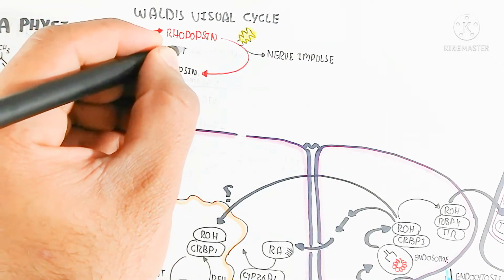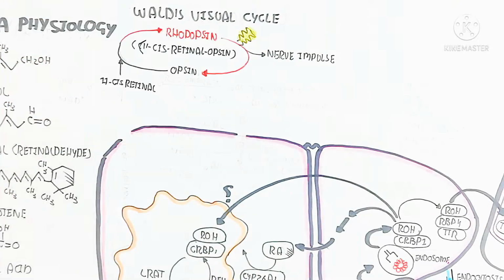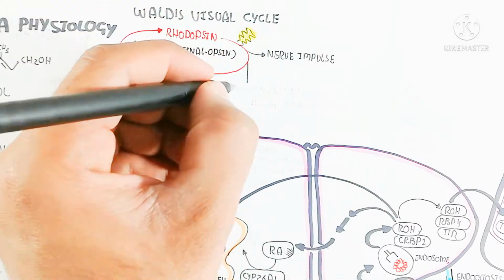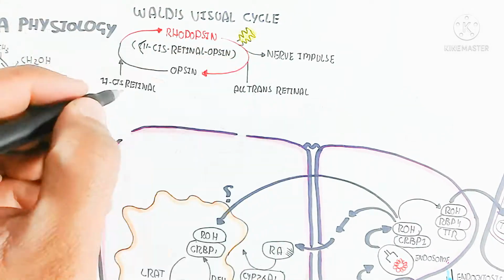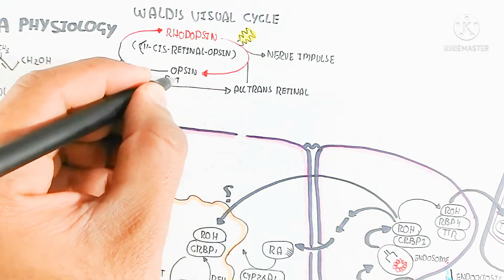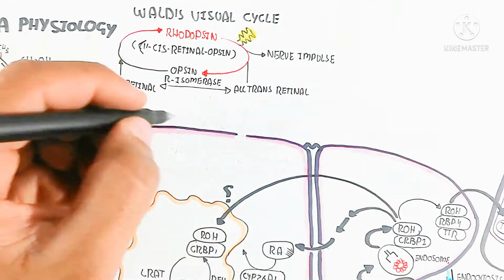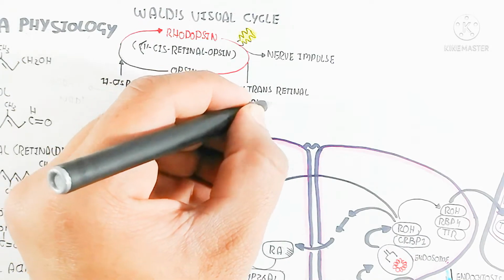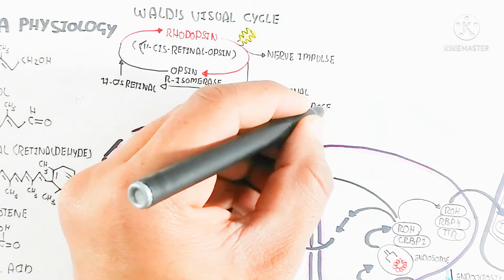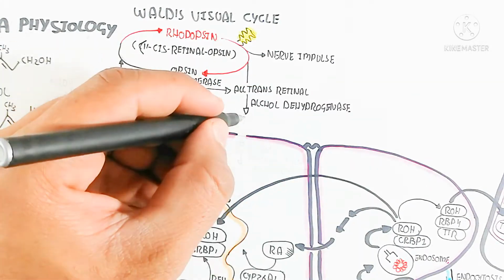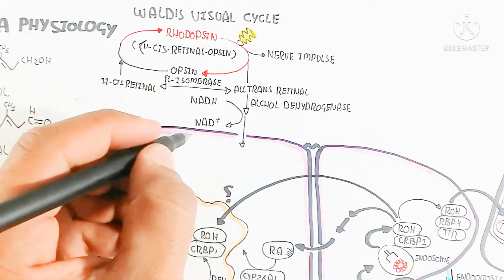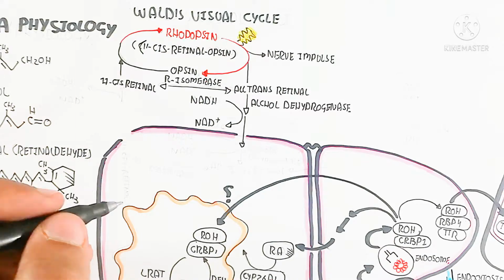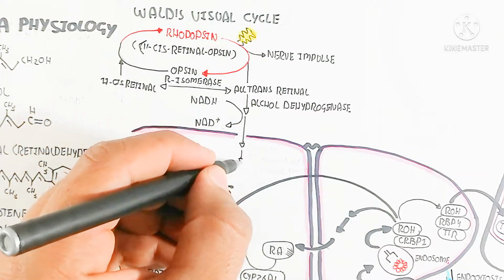So this rhodopsin is the 11-cis retinal opsin, containing basically the retinal and opsin. So the retinal with opsin becomes a rhodopsin, which again dissociates to all-trans retinal to become an opsin again, and the all-trans retinal dissociation, and alcohol dehydrogenase enzyme uses NADH in the liver.